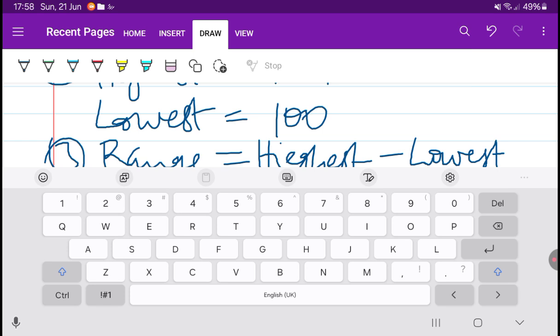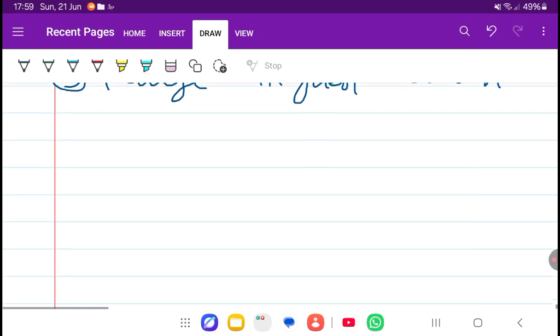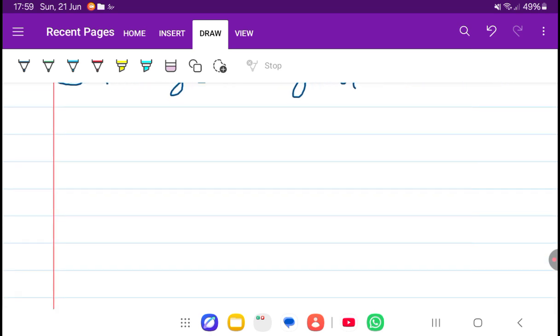So we get 134 minus 100. It's 134 minus 100, and this gives you 34.